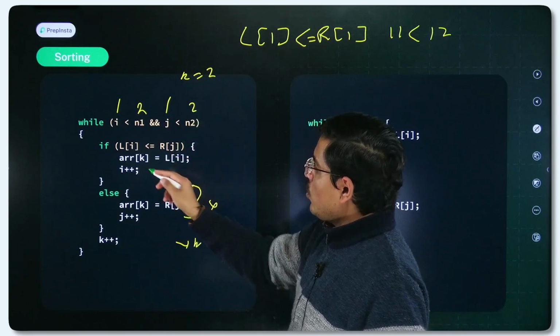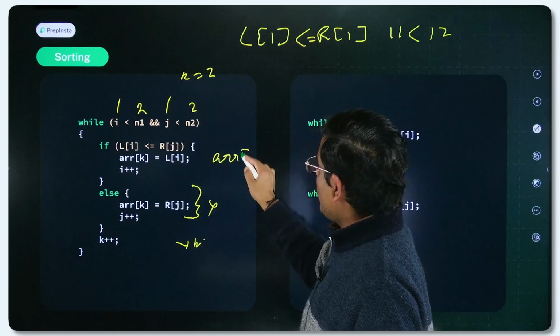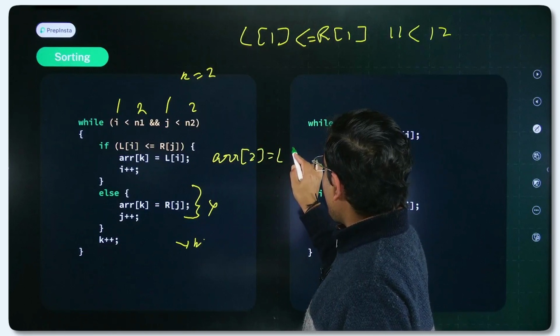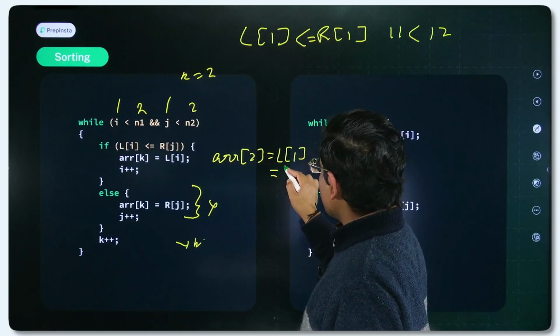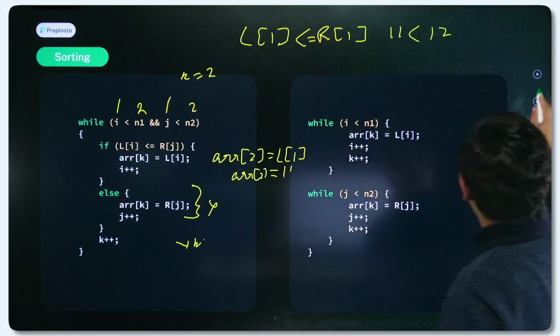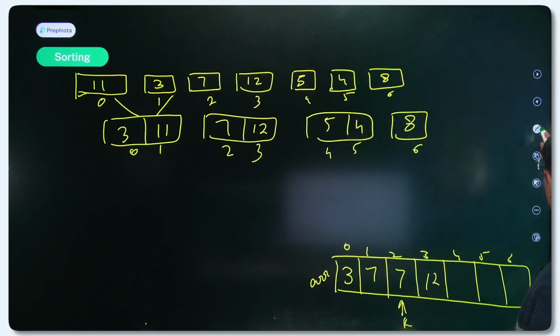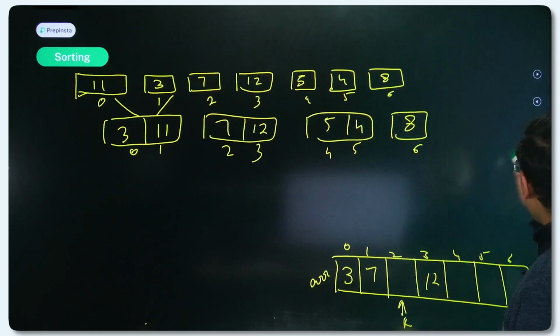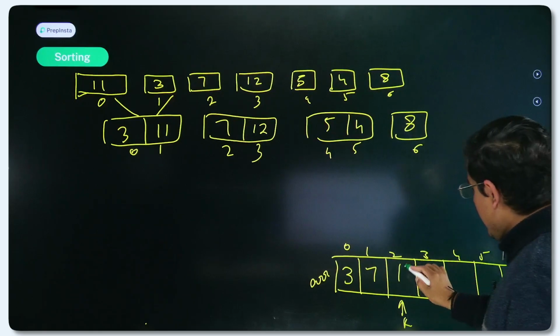So k was 2. So array of 2 becomes L of 1, which is nothing but 11. So here at this place where we had written 7, now comes 11.